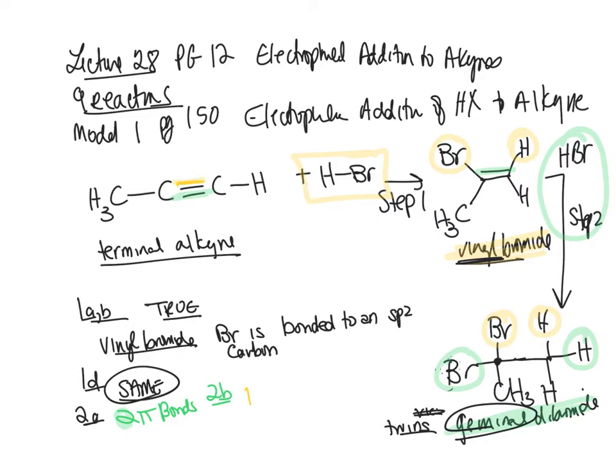How many pi bonds are reacted in step 2? 1. How many pi bonds have reacted in total? 2. Is the alkyne acting as a nucleophile or electrophile? That's always going to be a nucleophile because it's a pi bond. The pi electrons form the first bond with H plus from HBr, and then the Br minus attacks, giving the vinyl bromide.